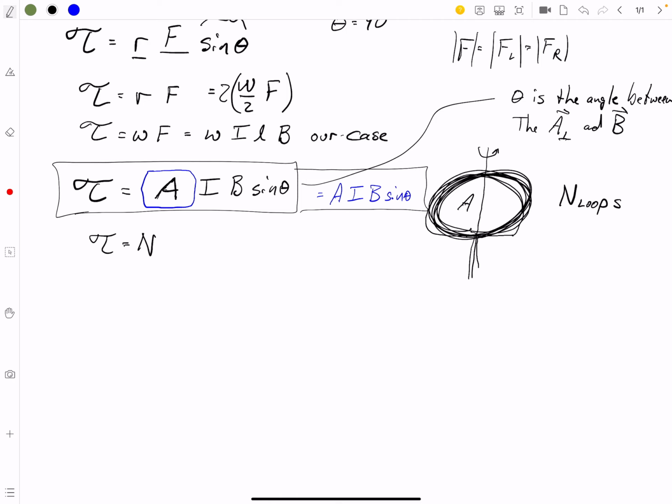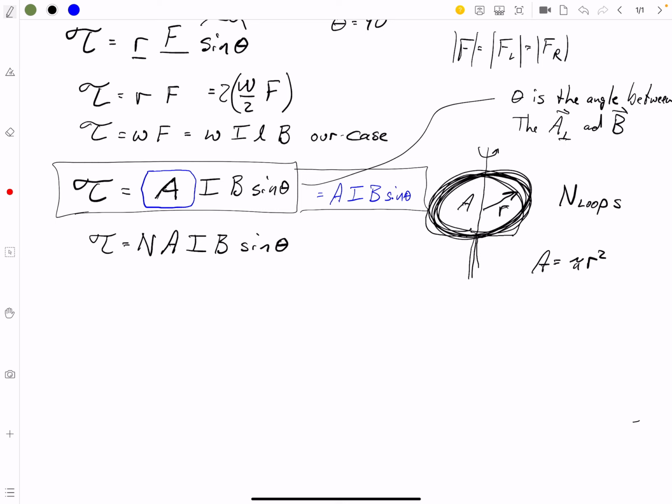Okay, so the number of loops times the area, and in this situation, we would have a radius, so our area would be equal to pi r squared. Area times the current times the B field times the sine of theta.